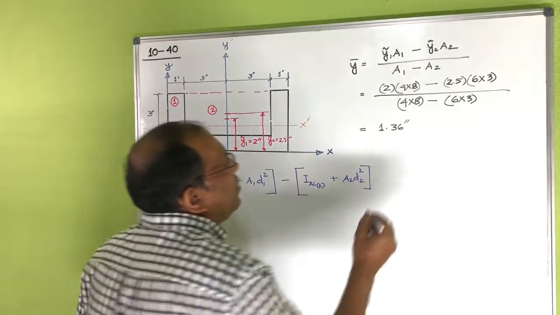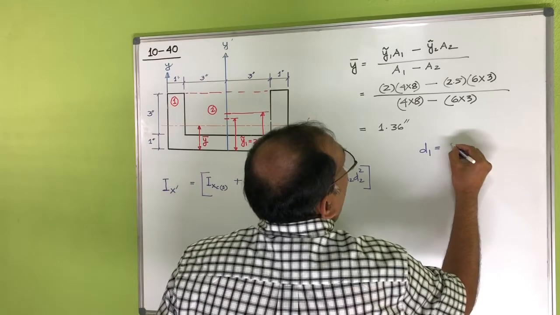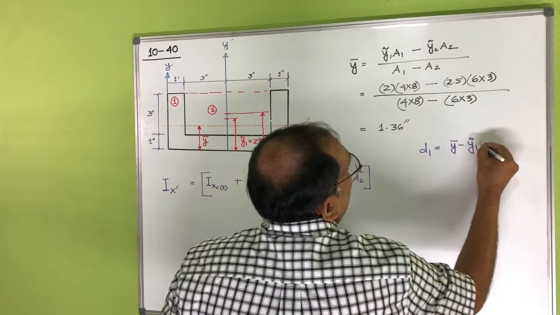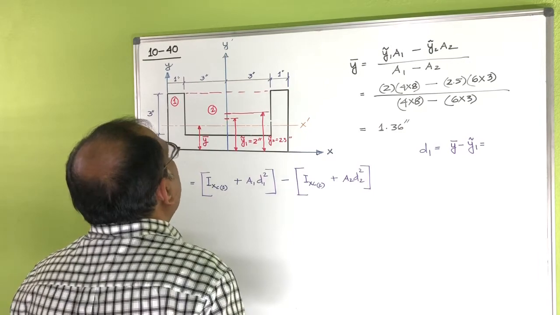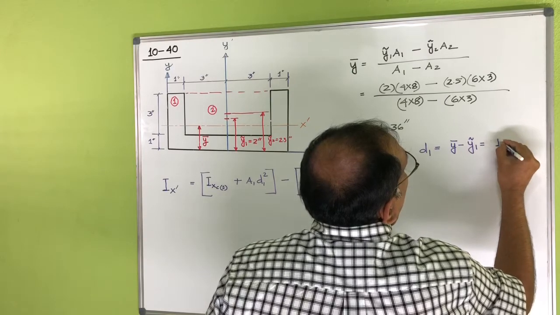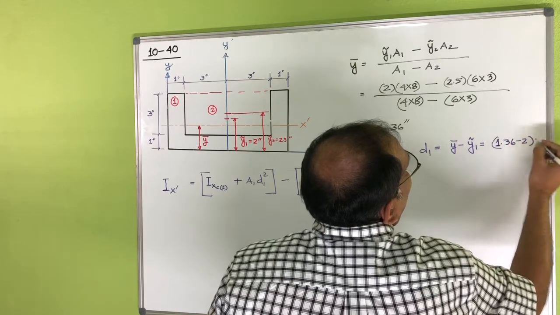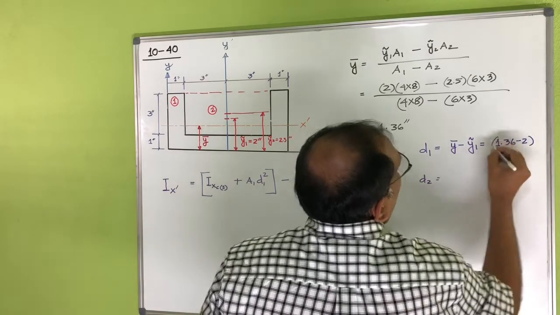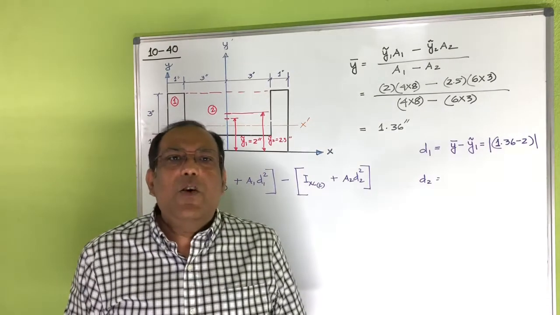You can see d1 is y bar minus y tilde 1, so that's basically 1.36 minus 2. Similarly here d2, I'll just put it like this, that distance is always positive.